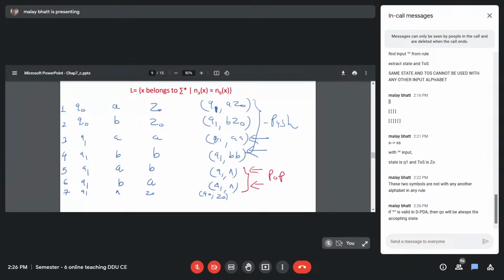But when AB or BA is encountered, when A is in the input and B is on top of the stack, or when B is in the input and A is on top of the stack, when input and top of the stack are opposite, at that time we will perform the pop operation. So if there is equality of A and B, then at the end we'll get null. So it is Q1 null Z0, and that Q1 null Z0 will give us Q0 Z0.